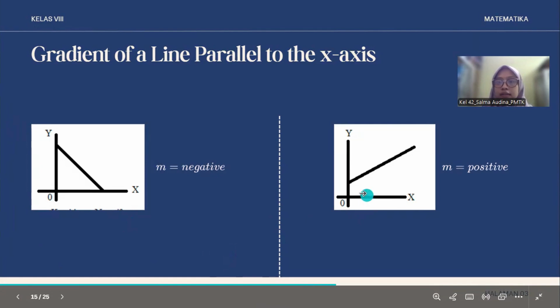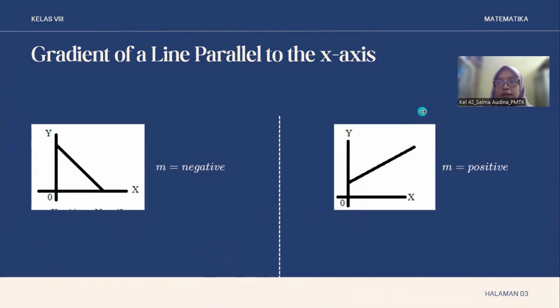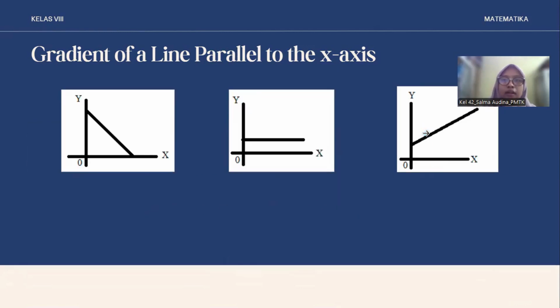And when a line goes up, the gradient is positive. Now, imagine we rotate the line from downward to upward. At first, it slopes downward, so the gradient of the line is negative.